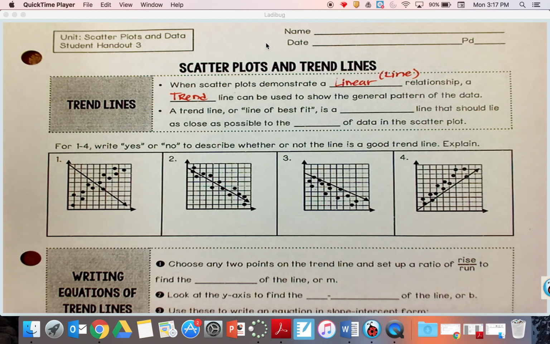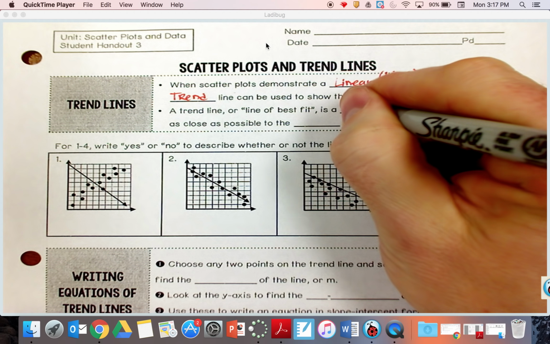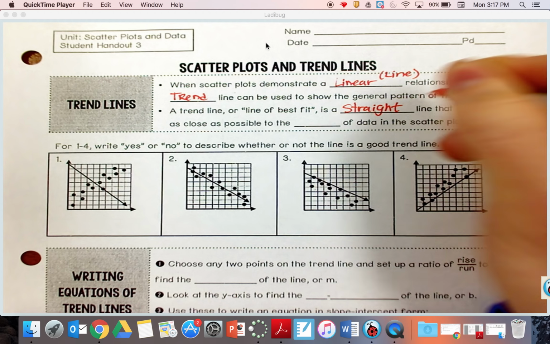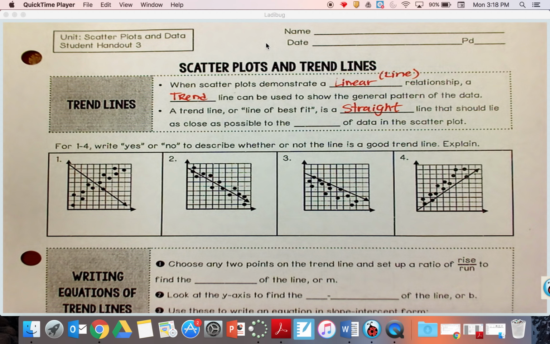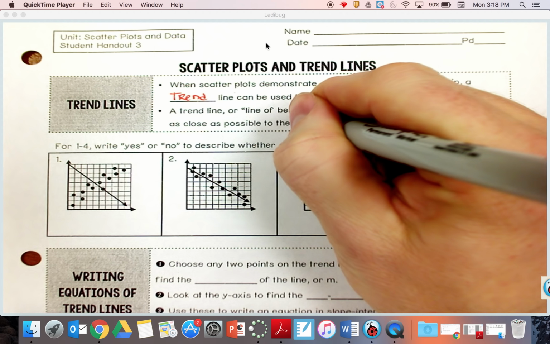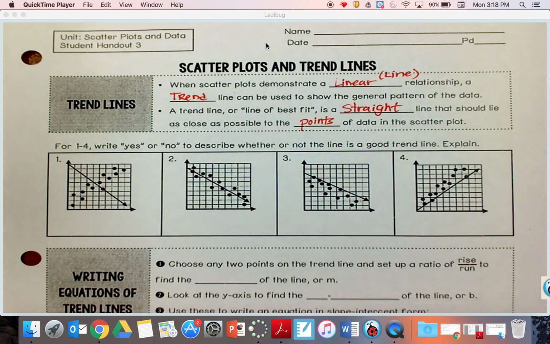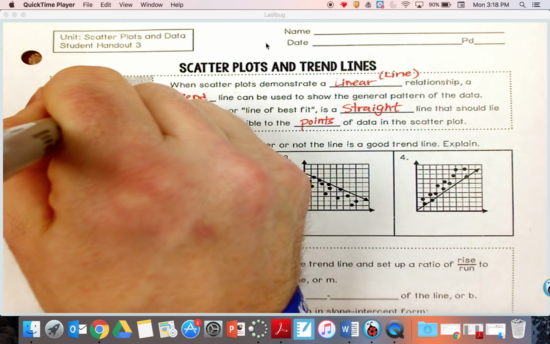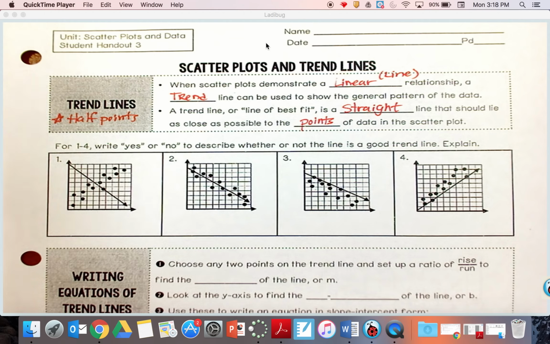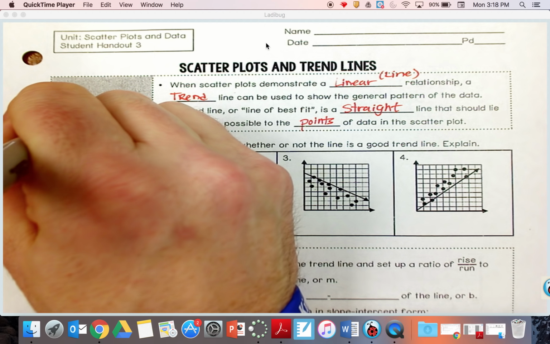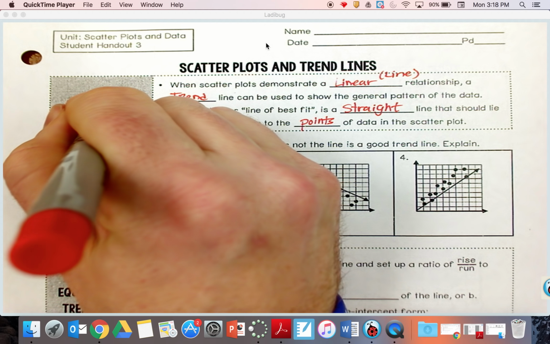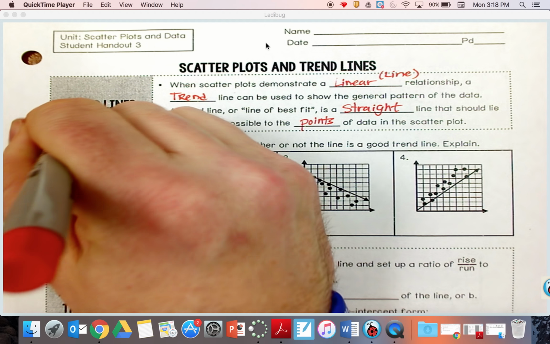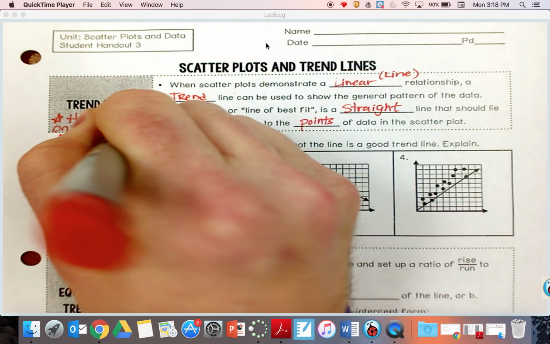Now, how to draw a trend line is very simple. We want to draw a straight line that lies as close as possible to the points of the data. A good rule of thumb is that it should go about half the points on top and half on the bottom when you draw your trend line.